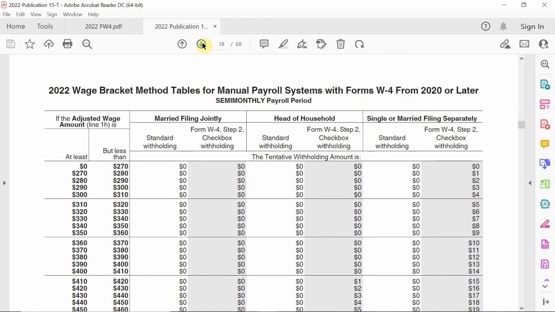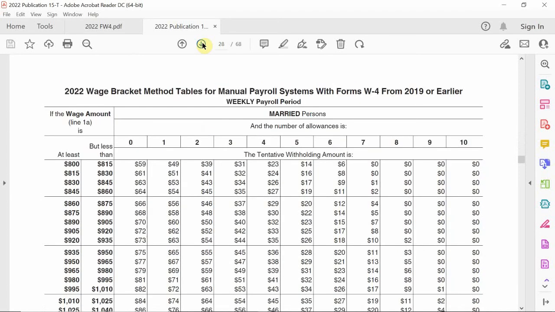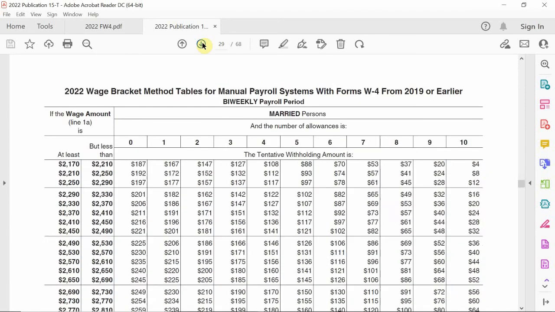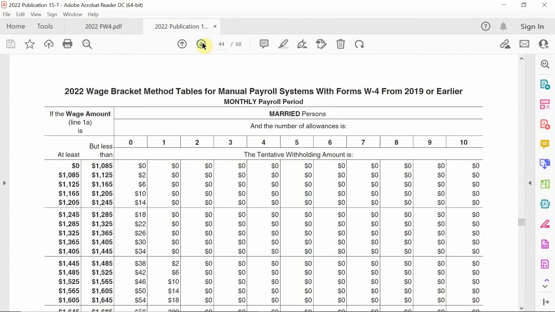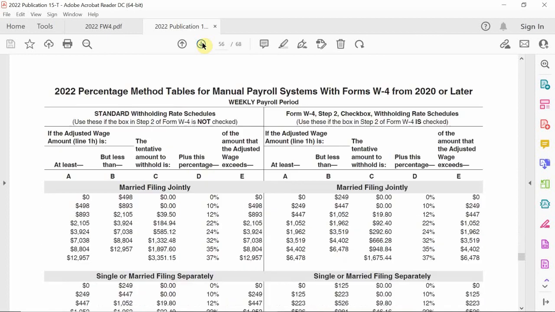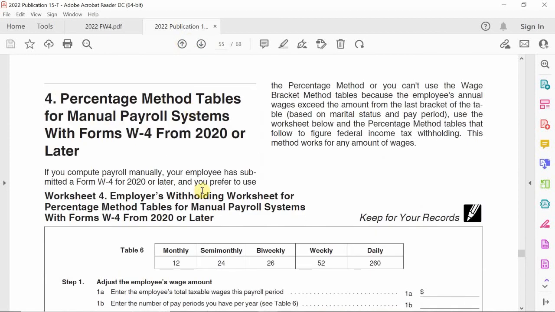So again, this will go on and on. So then here's the bracket method for other ones, okay? Now, here's another thing you also need to take a look at. Now we're at the percentage method, which is correct. It tells me that I am doing the percentage method for manual payroll, which is correct, for Forms W-4 from 2020 or later.